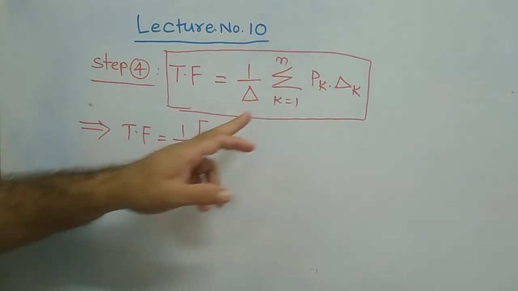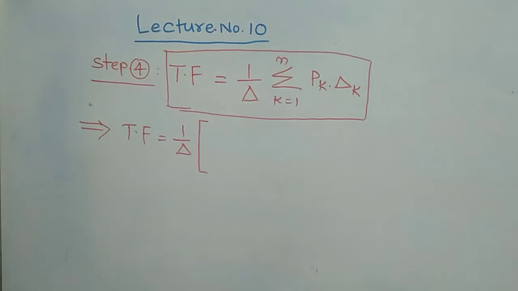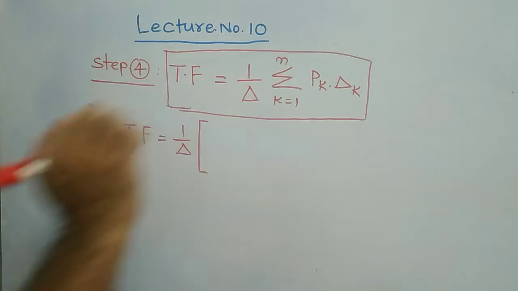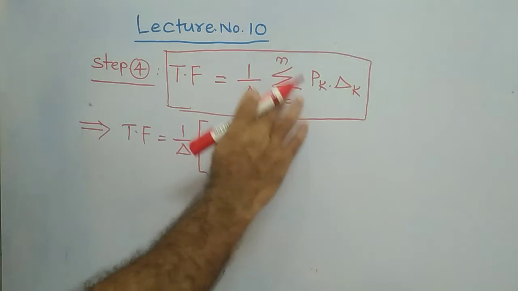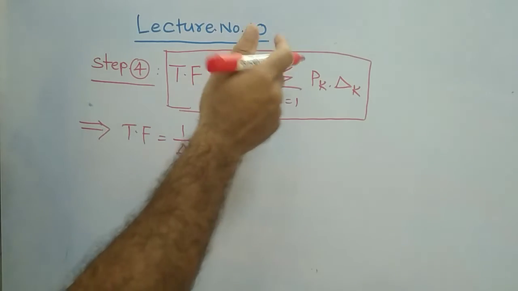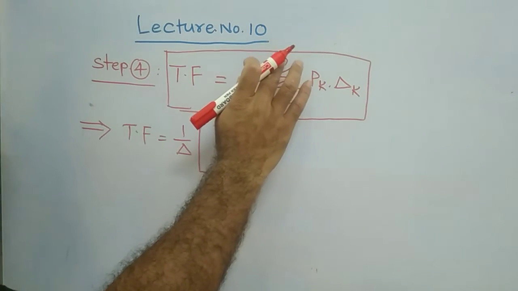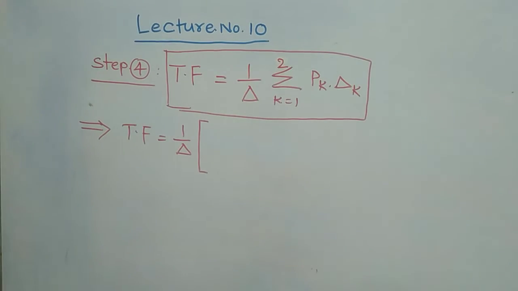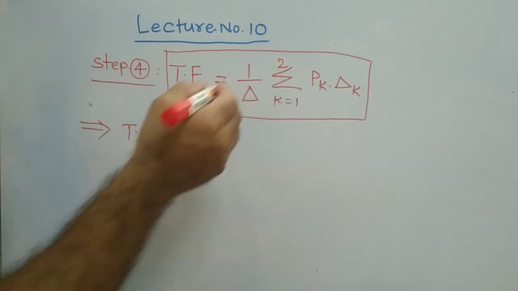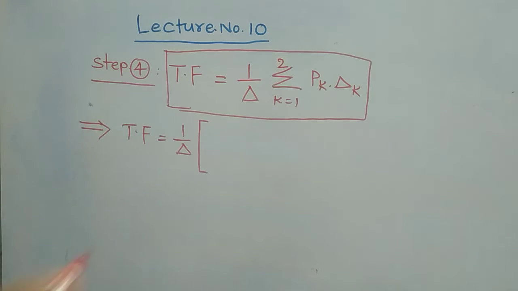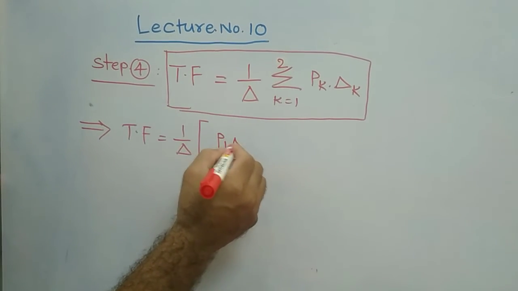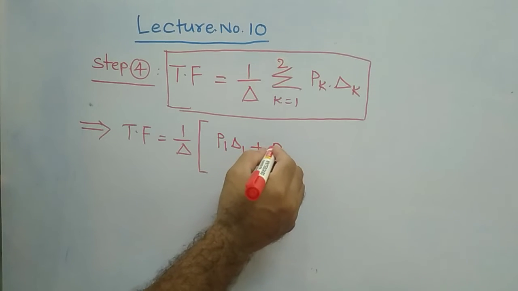Here k is nothing but your number of forward paths. How many forward paths are there? 2 forward paths. So the k value is 1 to 2 for the given problem. This is general; for the given problem, it is 1 to 2. If you substitute k equal to 1 to 2 in the given expression, you will have P1 delta 1 plus P2 delta 2.